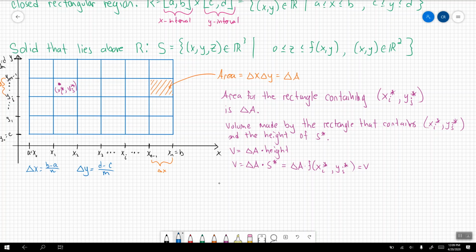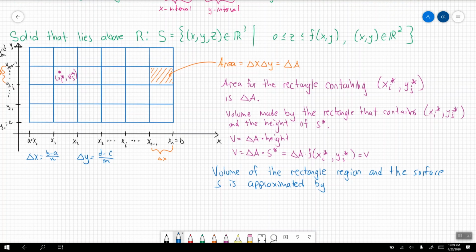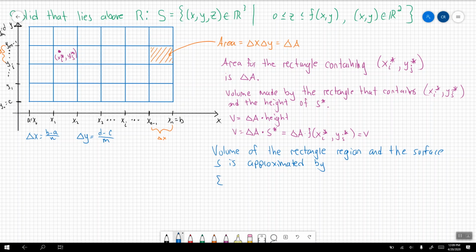All right, let's see. We're going to say that the volume of the rectangle region and the surface S is approximated, this is going to be approximated by taking the summation of all of the i values and all of the j values.